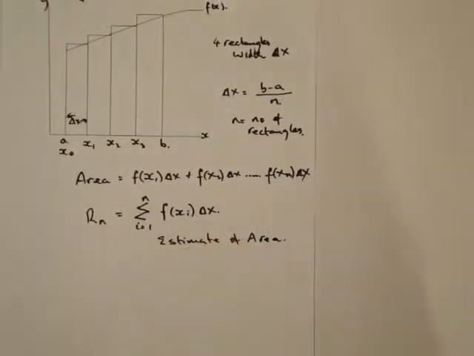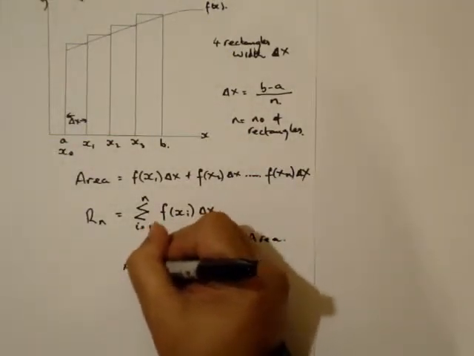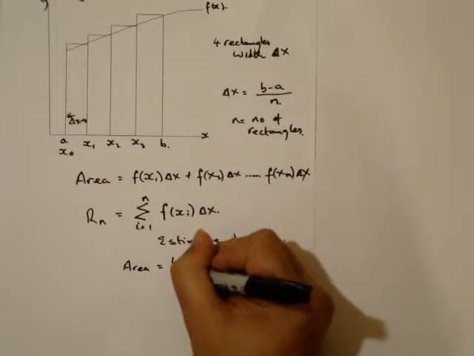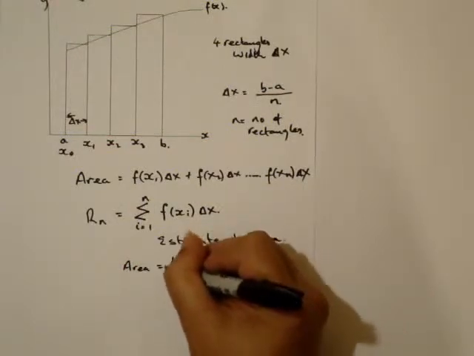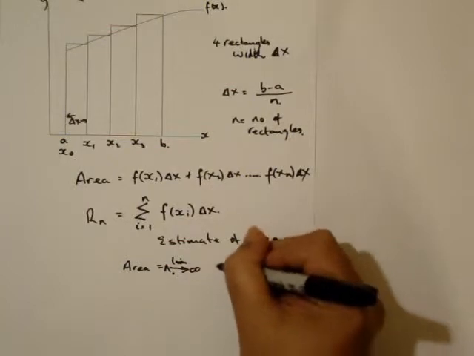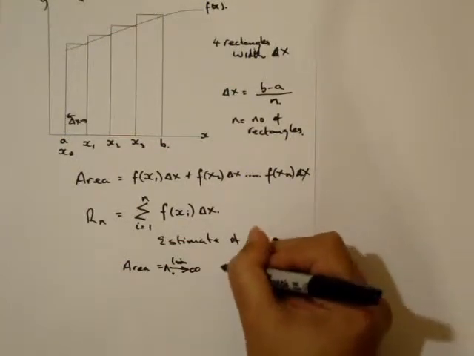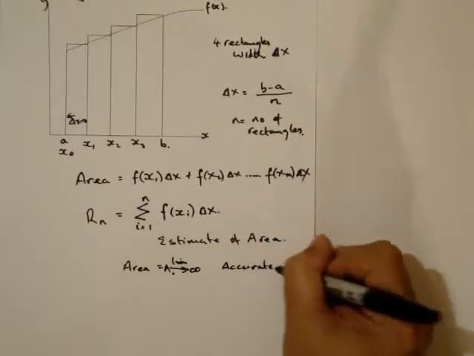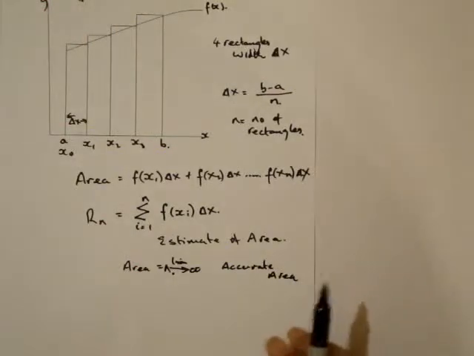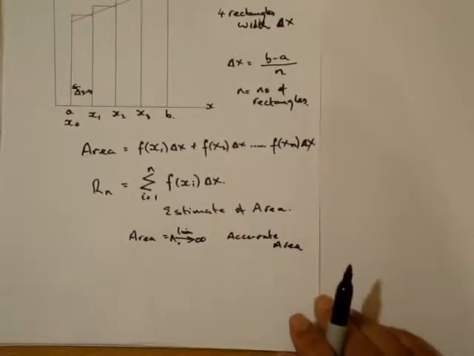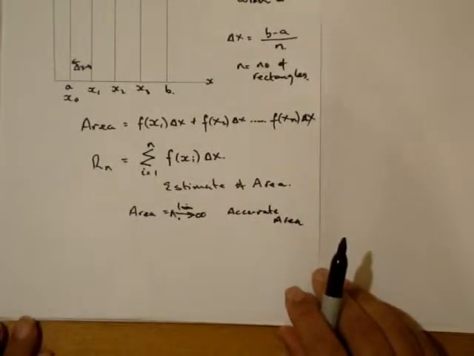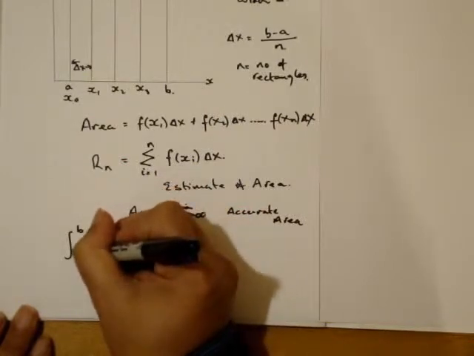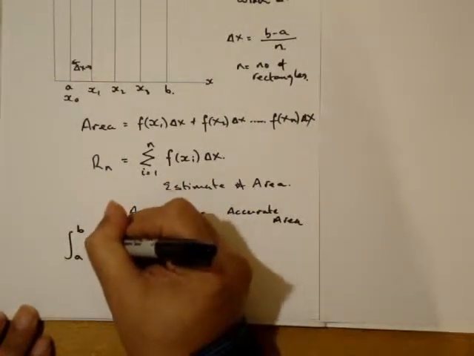So the area as the limit, as n goes to infinity, we get a more accurate area. When we integrate, we have the integral from a to b of f of x.